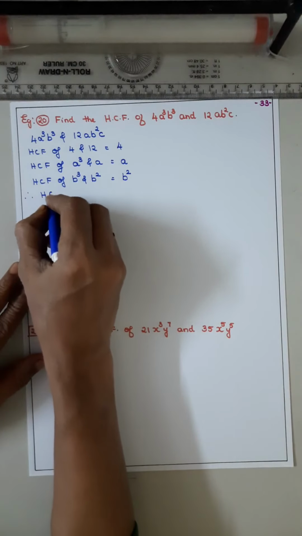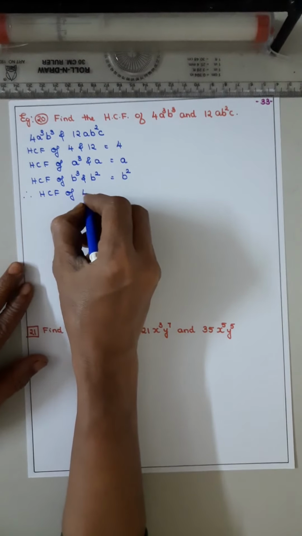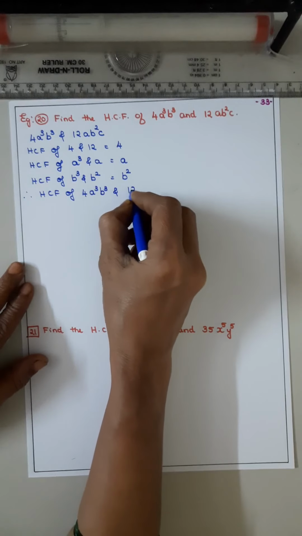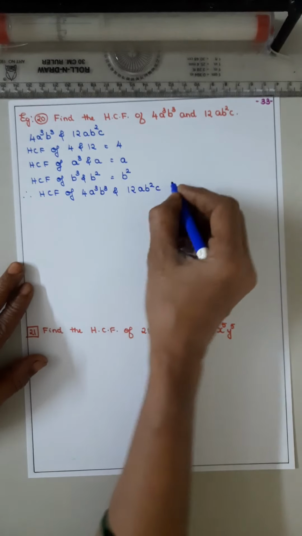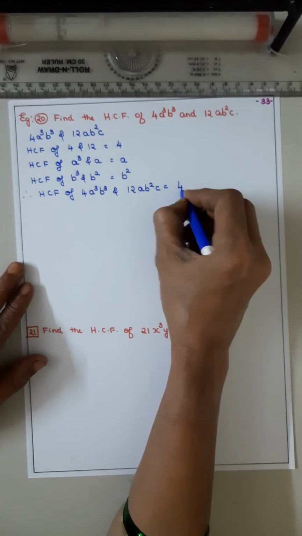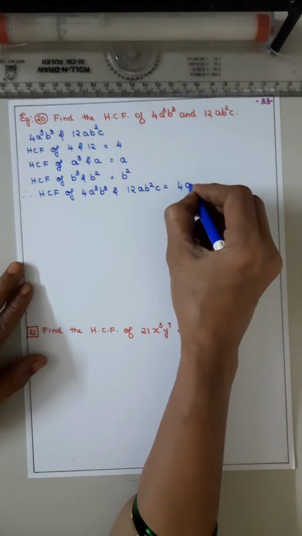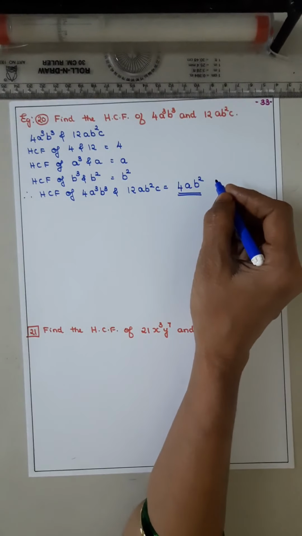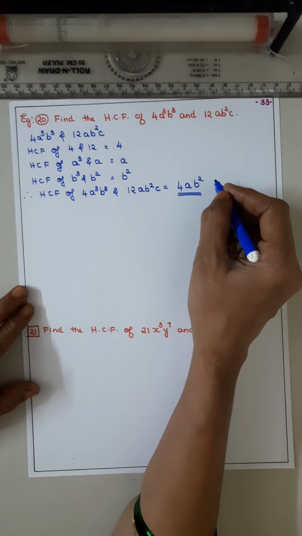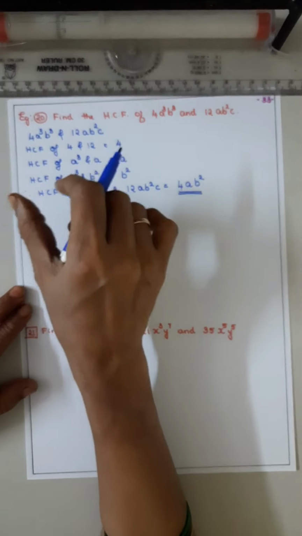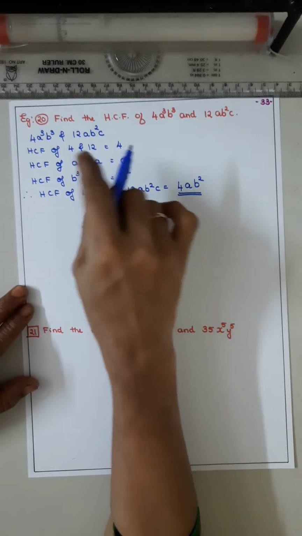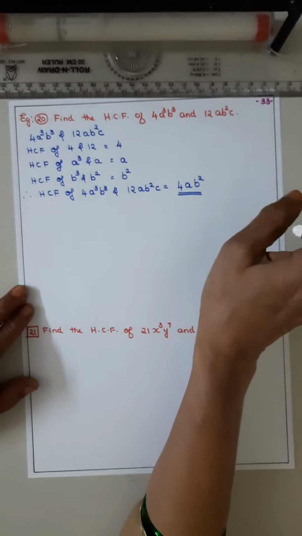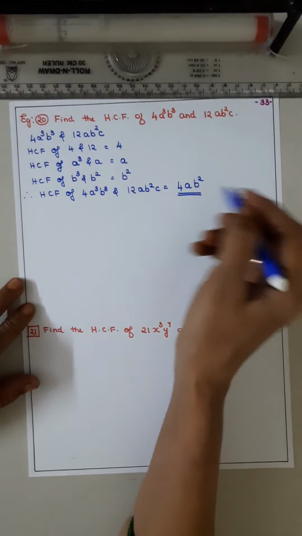Now HCF of 4a cube b cube and 12ab squared c is equal to, number में 4, then a, then b square. Okay. Did you understand? So constants का मतलब numbers का ये ले लो, फिर variables, अलग अलग variables का common क्या है.